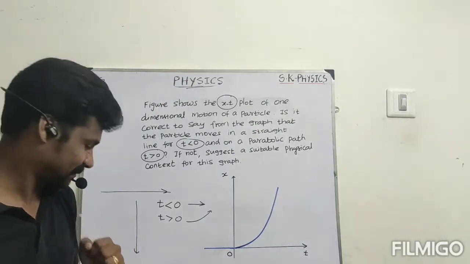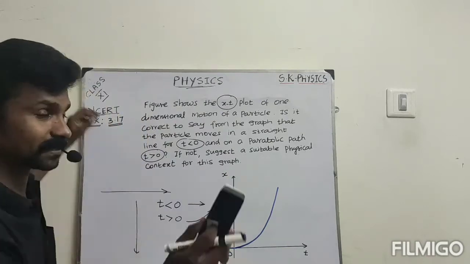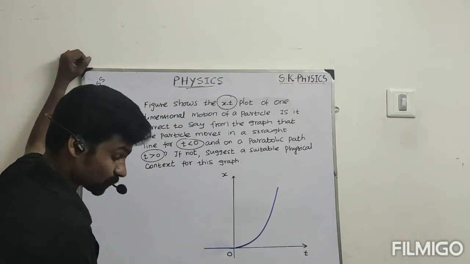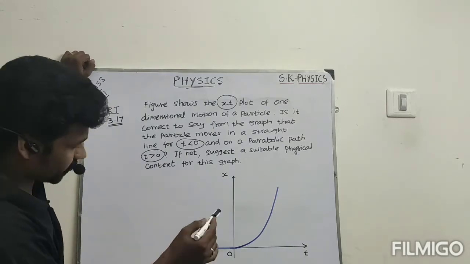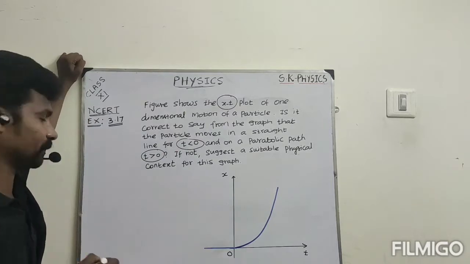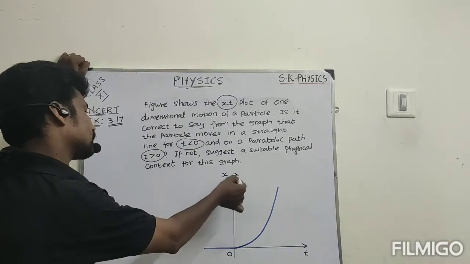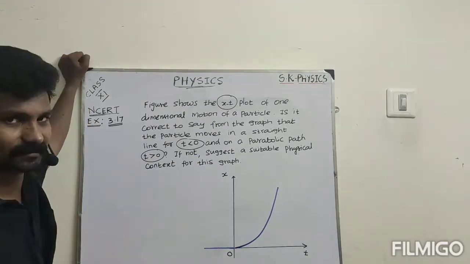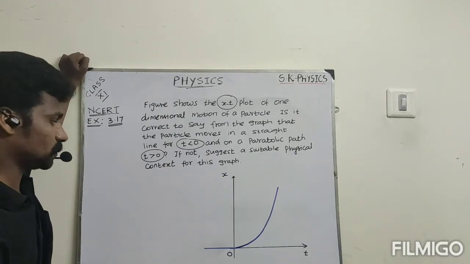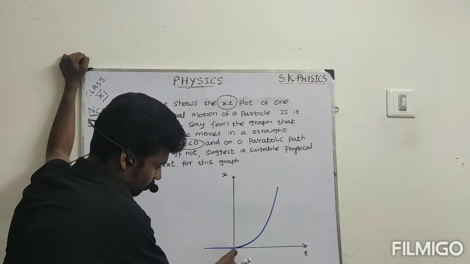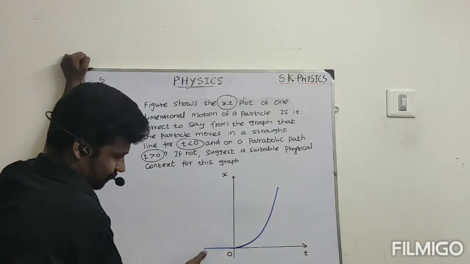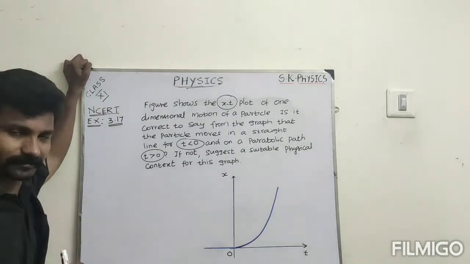So we analyze. See that, dear students, first you observe the graph. Okay, see that in the x-axis time period is there, and then the y-axis, that is position, is there. So this is 0, time is 0. So before 0 it is a negative value, time is negative.